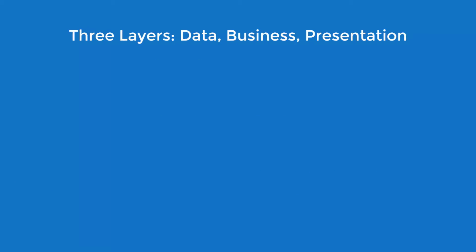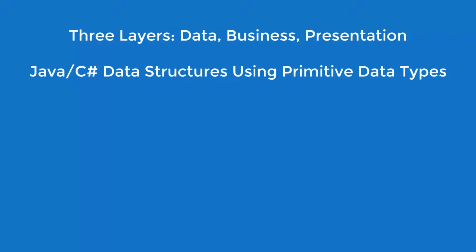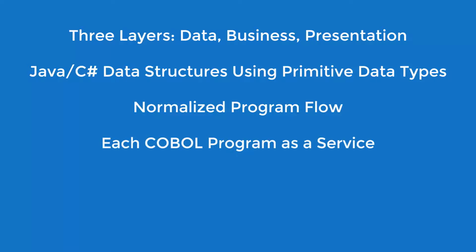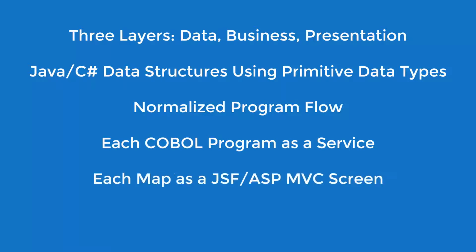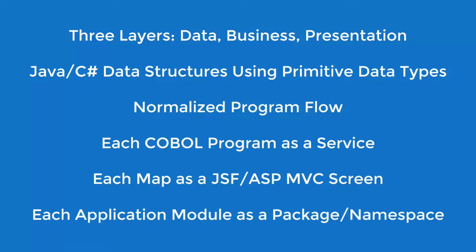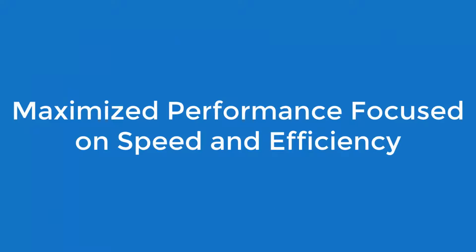The target code is generated with a full separation of layers using primitive data types. Data and code conversions are synced to ensure changes to one are reflected in the other as needed. Maximum performance is also a core principle of COBOL-To-Universal translation. We test how converted code performs and build best practices for speed and efficiency into our conversion technology.